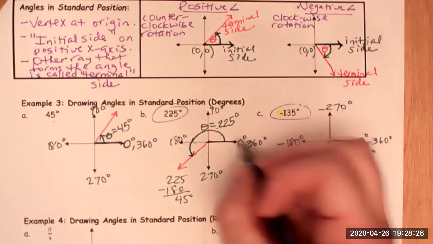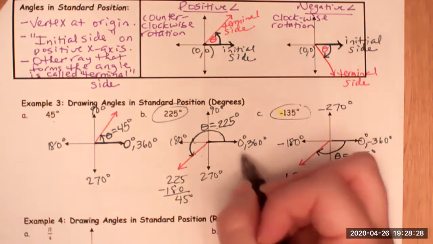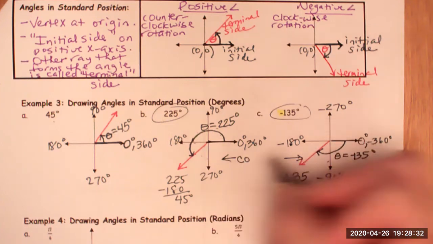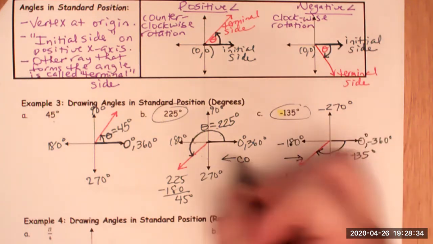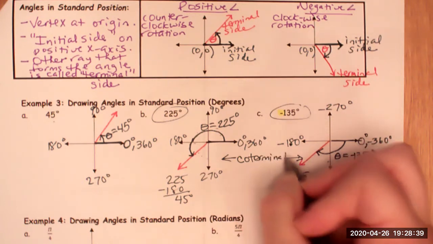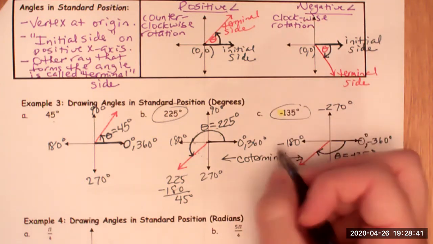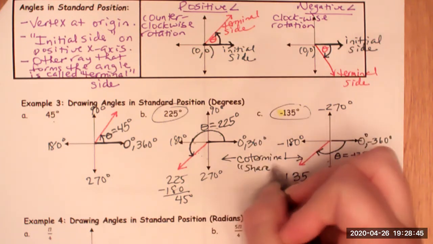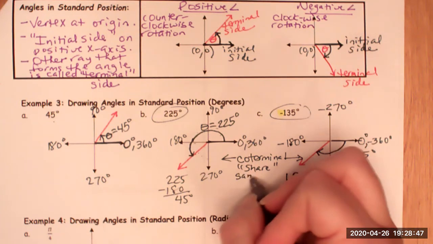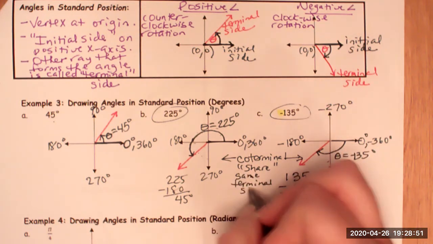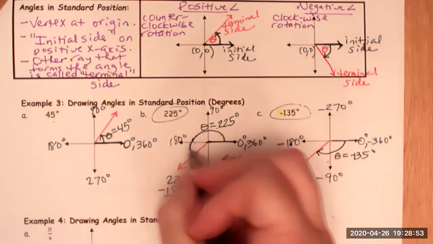Very shortly, we're going to be defining that. These angles, because they share, co is a prefix that means share. They share the same terminal side. We call them coterminal angles because they share the same terminal side. In other words, the same ending spot when you rotate.